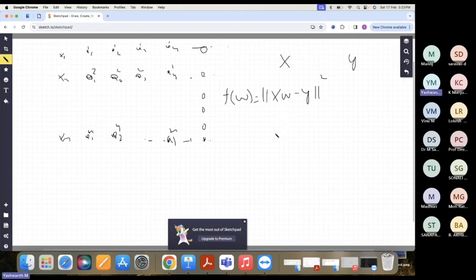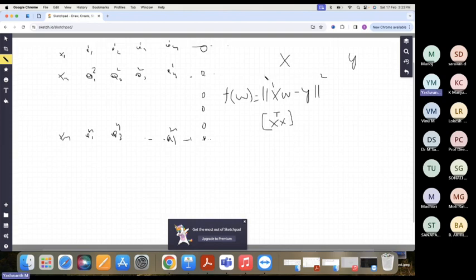Your training dynamics depend a lot on x transpose x, the matrix. So x is m cross d, w is d cross 1, and x transpose x will be a d cross d matrix.